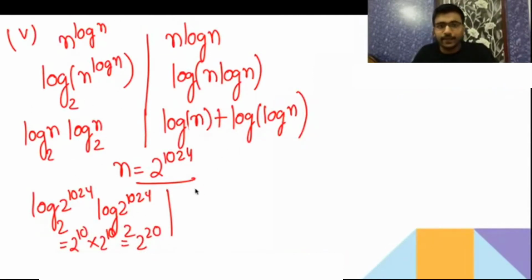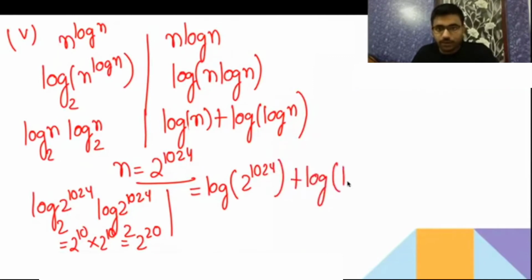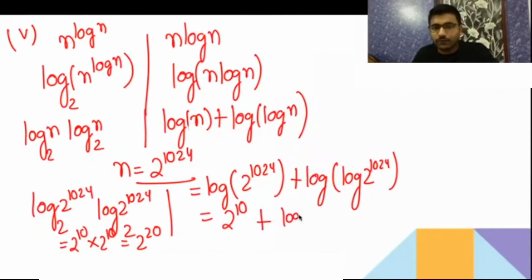Now in here it's log of 2 to the power 1024 plus log of log of 2 to the power 1024. So it's going to be 2 to the power 10 plus log of, this is going to give you 2 to the power 10, so it's 2 to the power 10 plus 10 only.